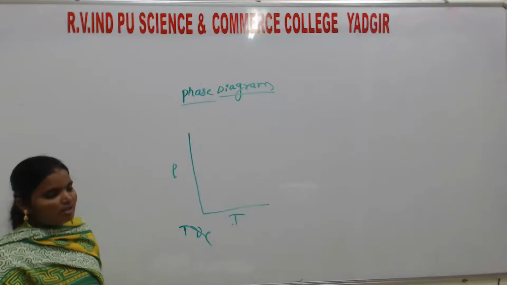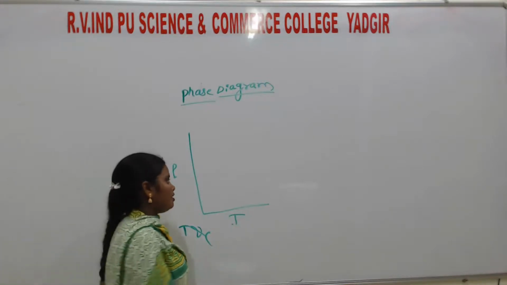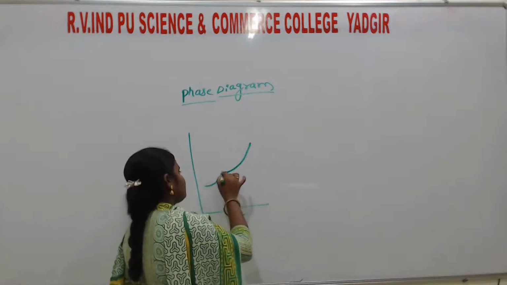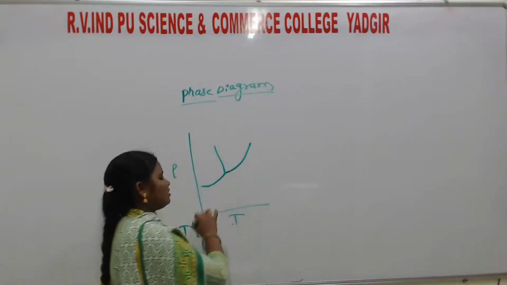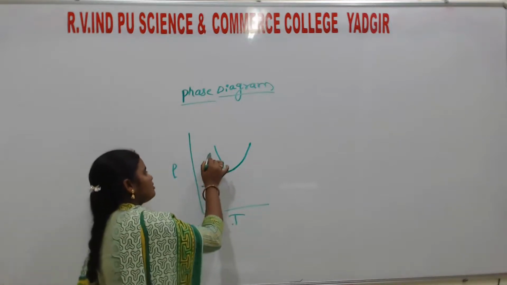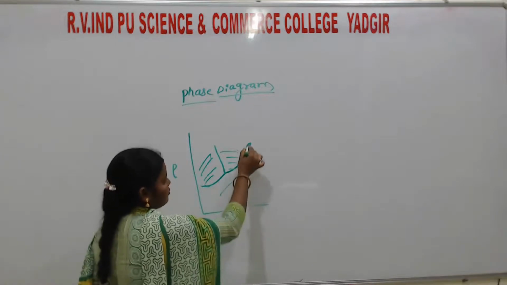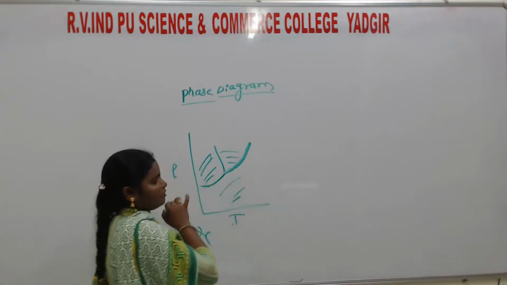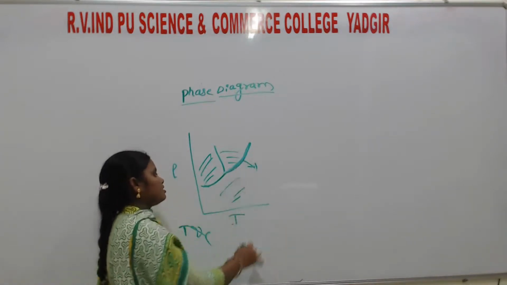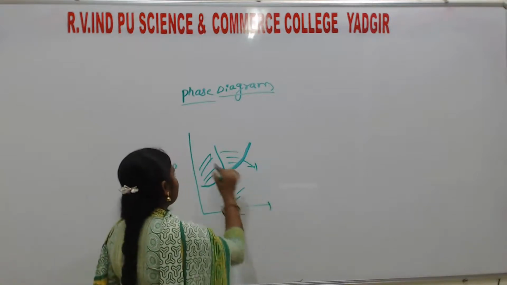The diagrams contain a number of areas, lines or curves, and a triple point. These are known as areas, a single line is known as a curve, and this is known as the triple point.